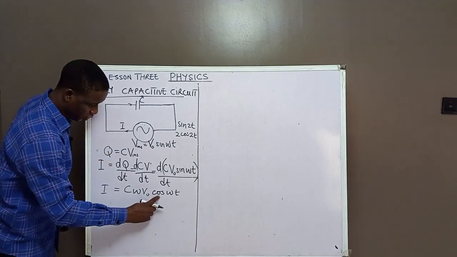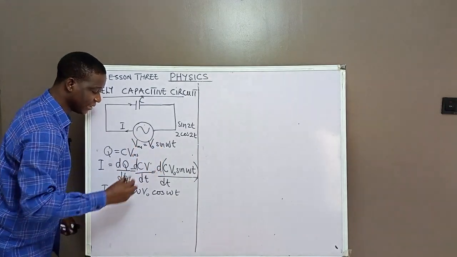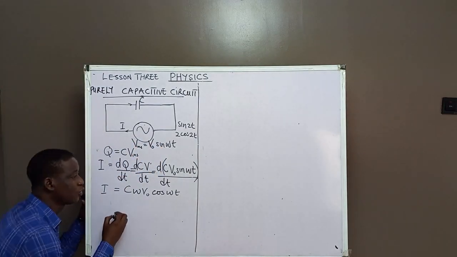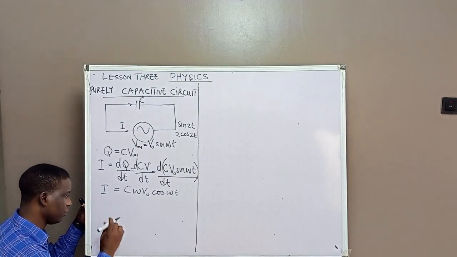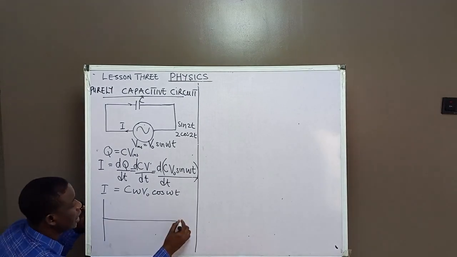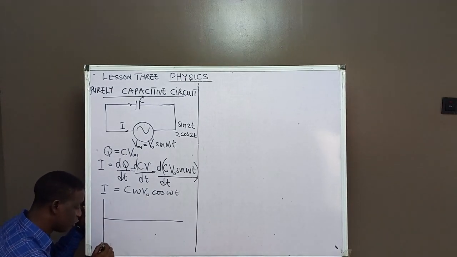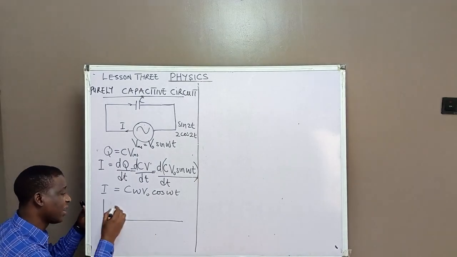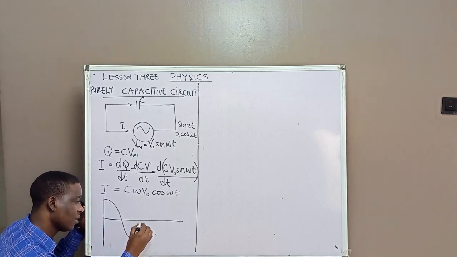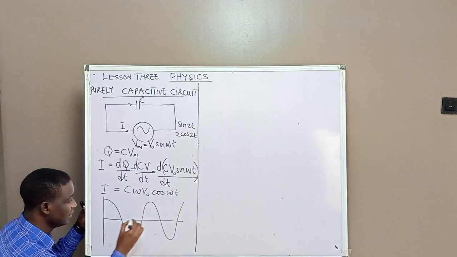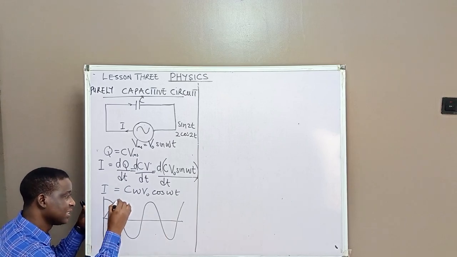Now, having gotten this, what do you notice? Look at the current is cos, voltage is sine. If you draw the waveform, the cos graph is like this, then the sine graph is like this.